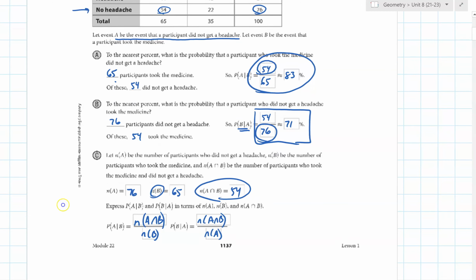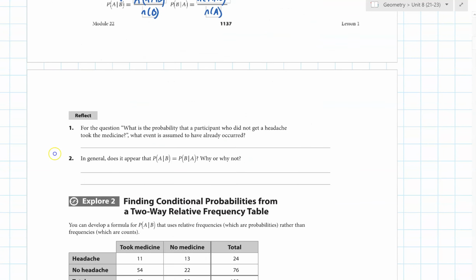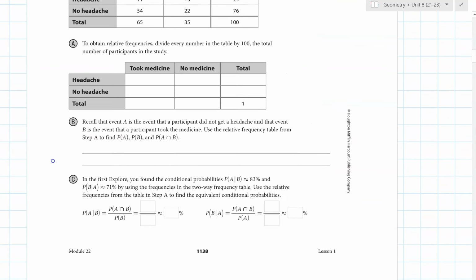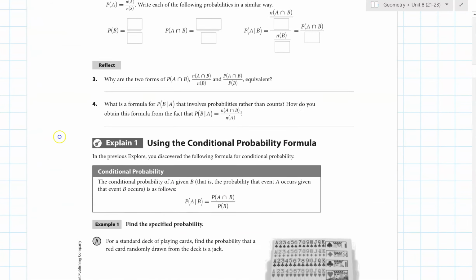So based on what we did in this problem, we can see that a conditional probability can always be calculated as the intersection over the probability of the second letter, or what was given. And that is expressed on page 1139.